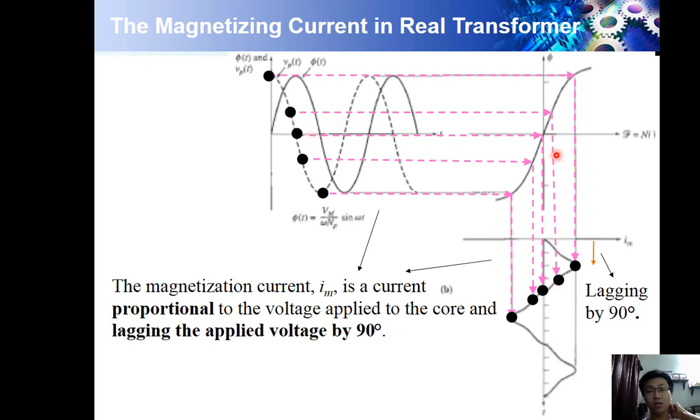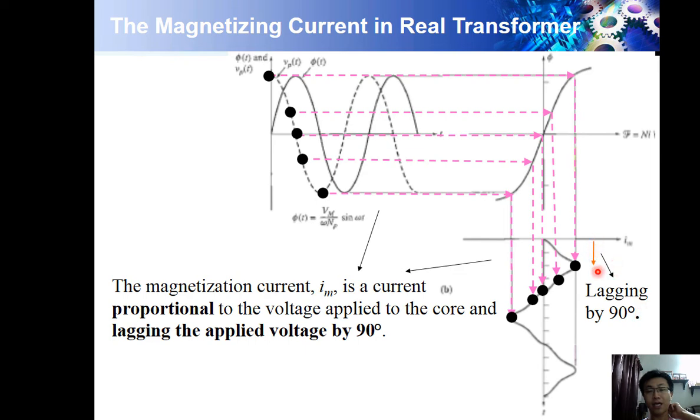Same for 0, then negative 5, so negative flux, negative ampere. Peak negative voltage, peak flux, then peak magnetizing current. So this is how we interpret it: when we apply the voltage, the current is lagging by 90 degrees.